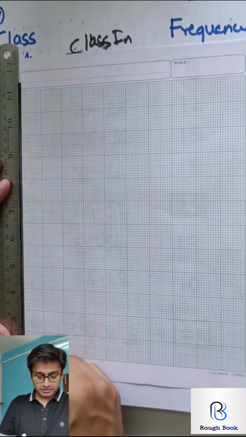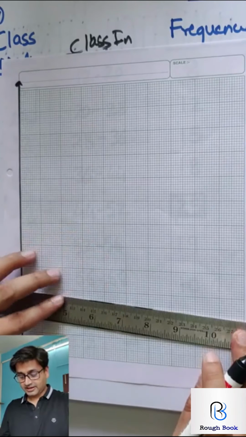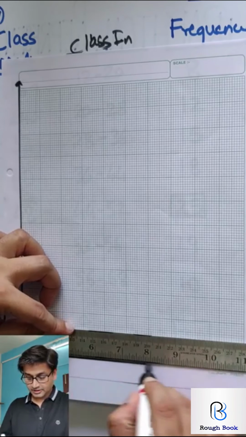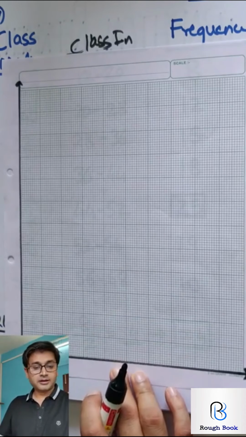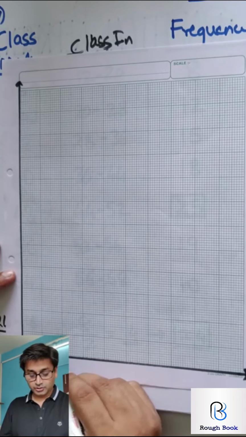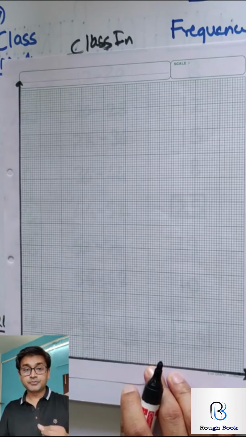Alright, let me hit it. So that's my y-axis. Let me get my x-axis. So that's my x-axis. And the class interval started from 12. You remember that? 12. Then the next one, anybody remembers? 12 to 20.